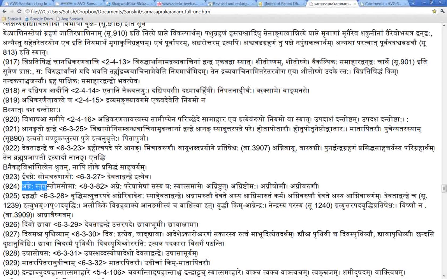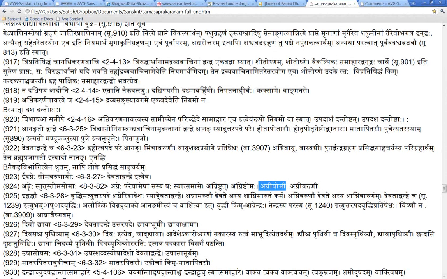Agnehe stut stoma somaha. Agnehe paresham esham sasya shah syat samase. Look what happened. He jumped from 6.3.27 all the way to 8.3.82 because he needs the shatva vidhayaka sutram for Agni Shomau.